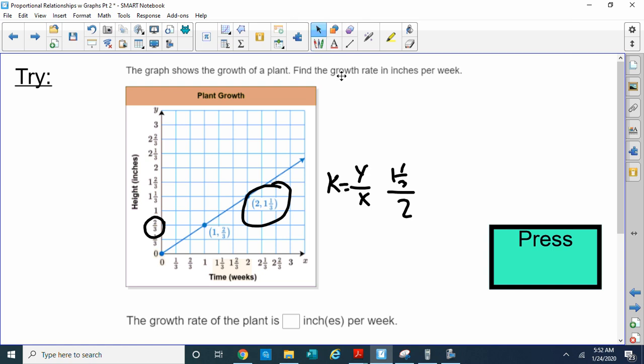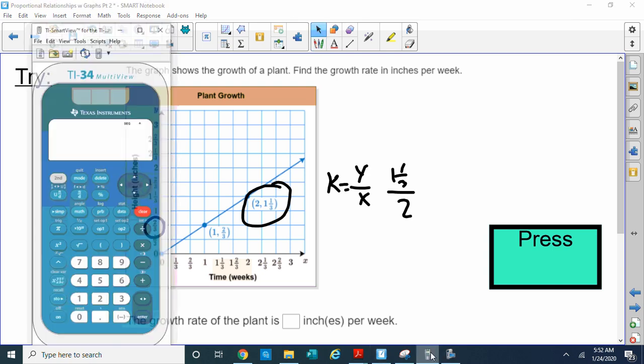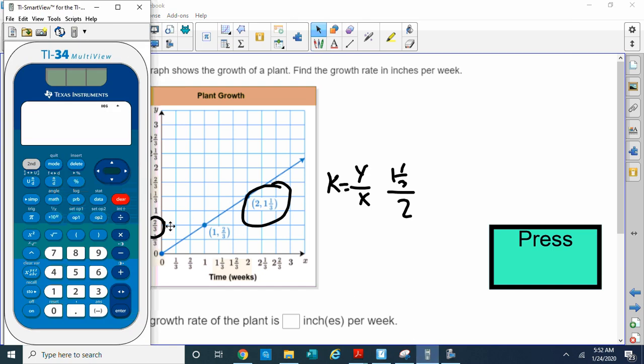So bear with me for 1 second. All right, here's my calculator. So I'm going to type 1 1/3. So 1, move over, 1, move down, third, move over, divided by 2.